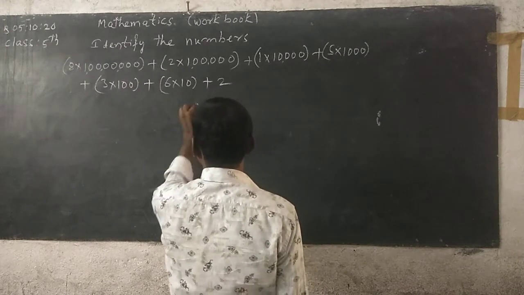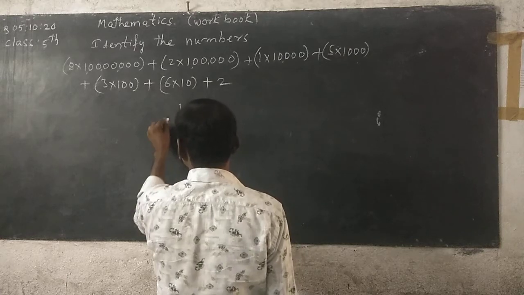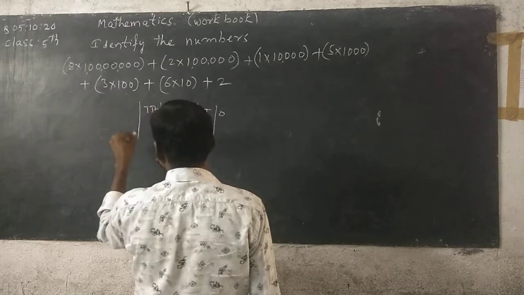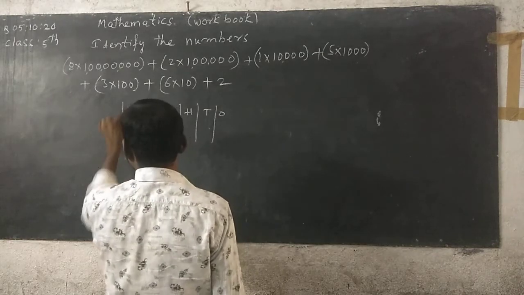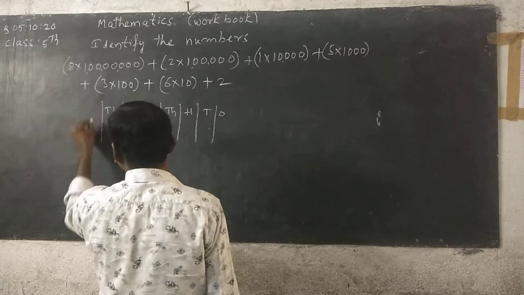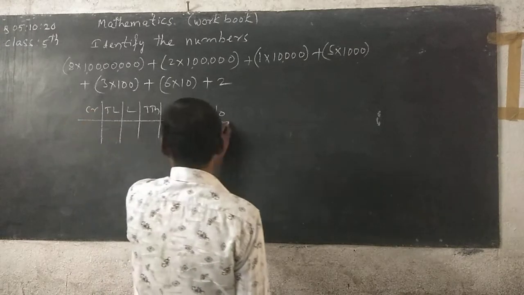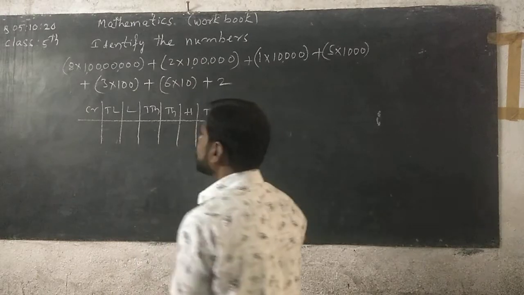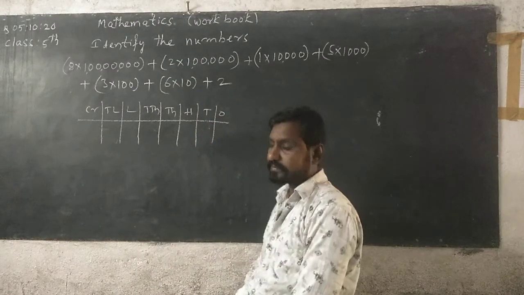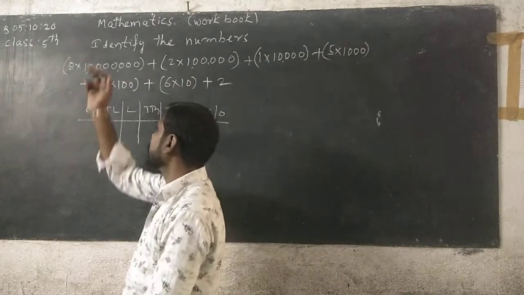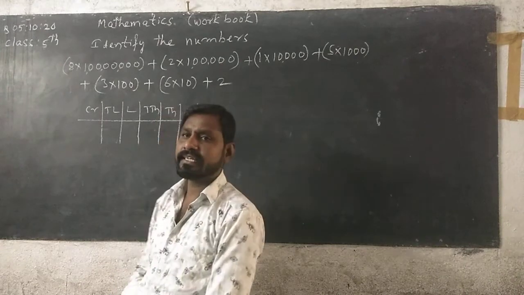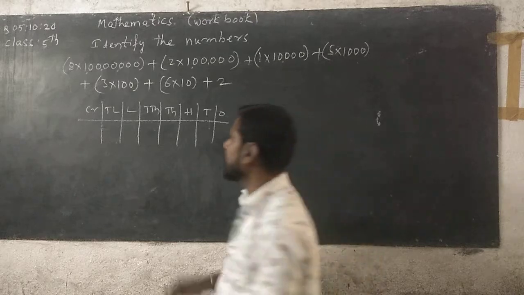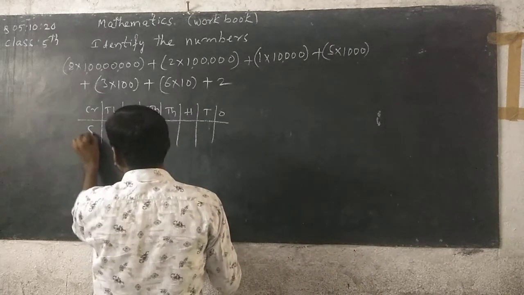Very easy. See here, 8 is in crores place. 8 into 1 crore means 8 is present in the crores place.